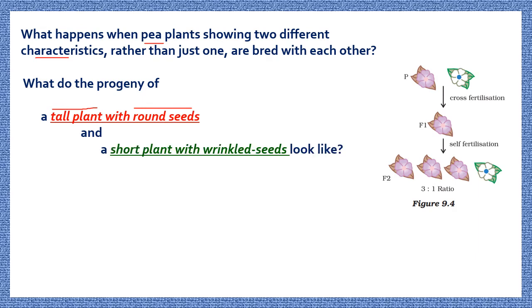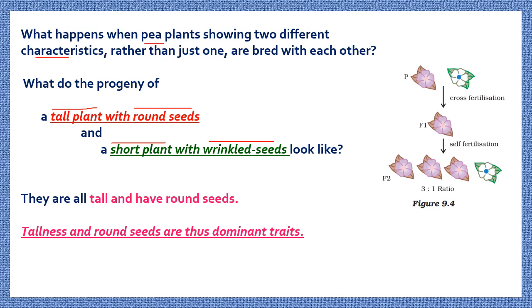When this pollinates with a short plant with wrinkled seeds, what will be the progeny? They all are tall and they have round seeds. So tallness and round seeds are dominant traits.